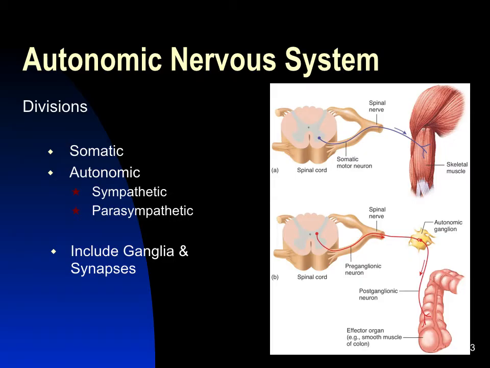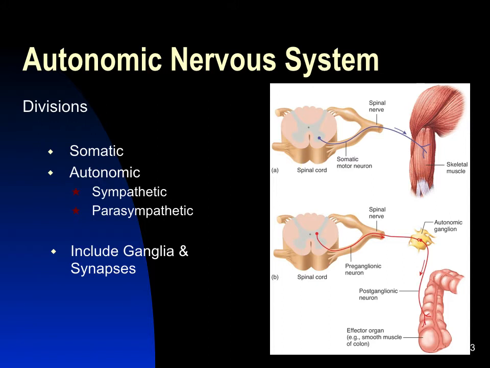The autonomic nervous system is part of the division of the peripheral nervous system, and it contains two parts. The autonomic nerves, which are kind of the opposite of the somatic nerves, contain sympathetic and parasympathetic divisions. These are two divisions that are going to send kind of opposite signals to muscles and glands like smooth muscle and cardiac muscle, not skeletal muscle.